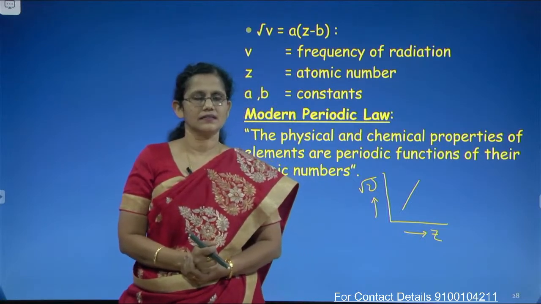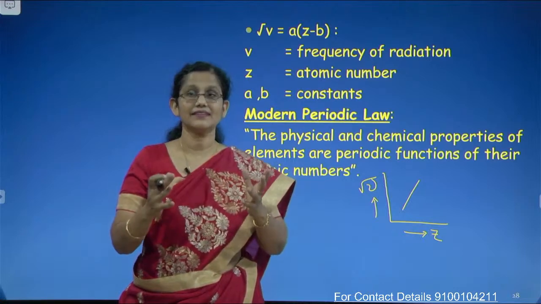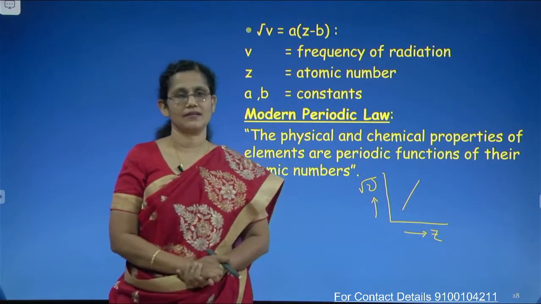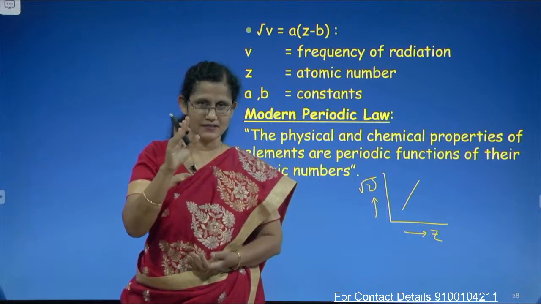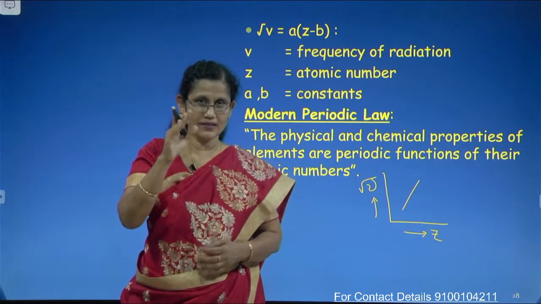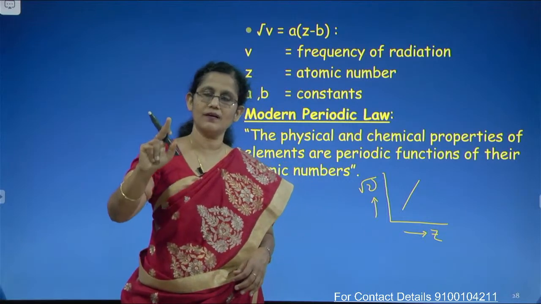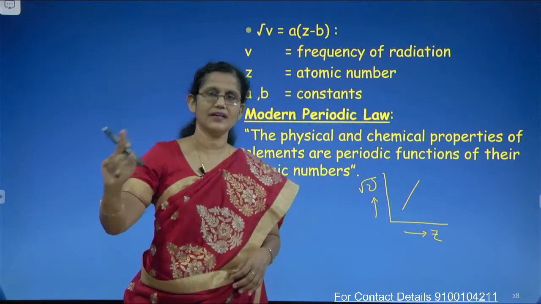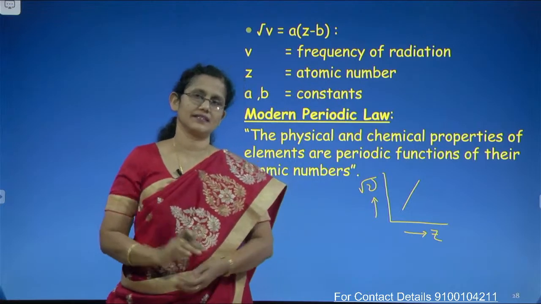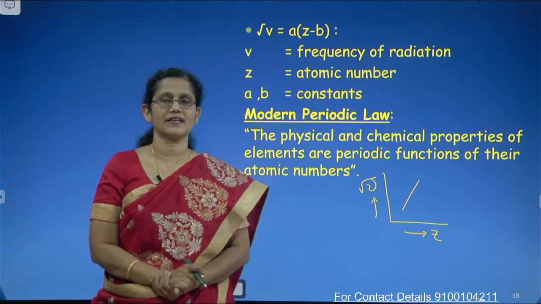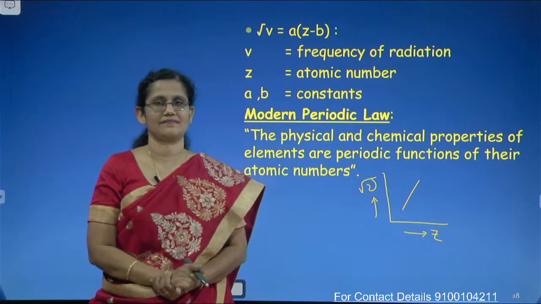Next, what are inverted pairs in the periodic table? At different places he observed a decrease in atomic weight instead of an increase: argon, potassium, cobalt, nickel, tellurium, iodine, thorium, protactinium. They are anomalous pairs or inverted pairs.